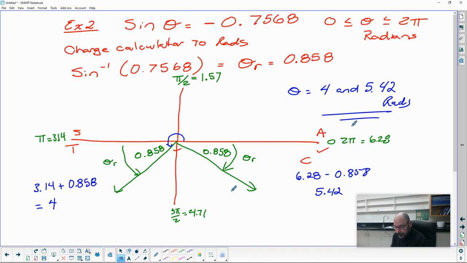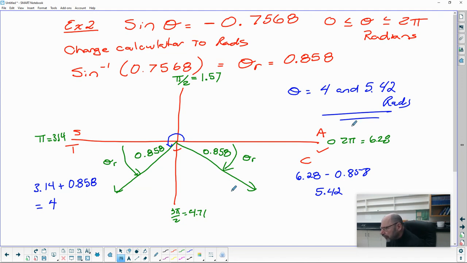Let's clear that off and go sine of 5.42. I get negative 0.7599. So it's a little bit off, but not a bunch off, because we rounded that one a little bit. Okay, so good.